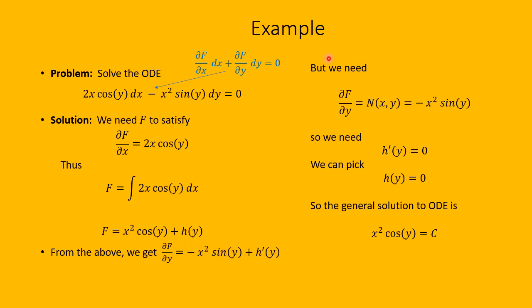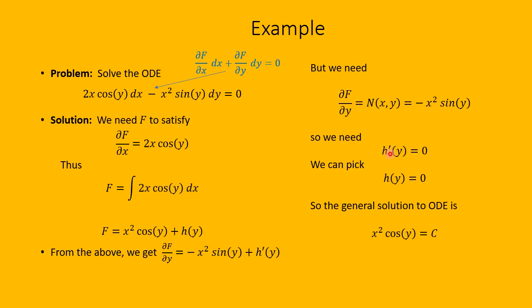Because we also know that the partial of f with respect to y has to equal the n of x,y that we have here, so it has to be minus x squared sine y. Compare what we have for this partial derivative here with what we have here for that same partial derivative. We notice that this part here is the same as this part here. So this h prime of y in this case is going to have to be 0.